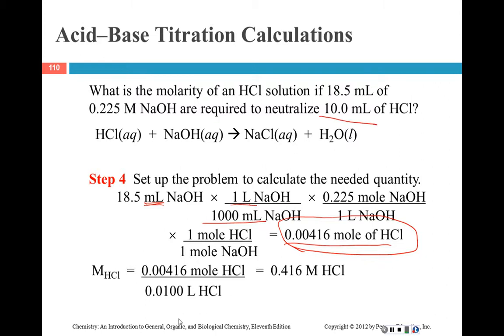Okay, and 10 milliliters, if I convert that to liters, is 0.01 liters. So 0.00416 moles of hydrochloric in 0.01 liters gives me 0.416 moles per liter of hydrochloric.